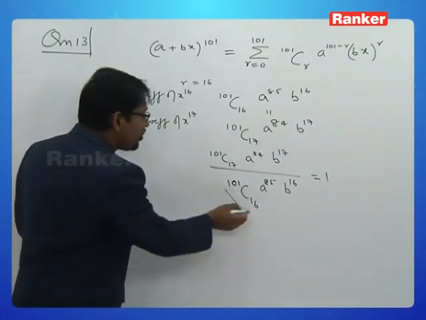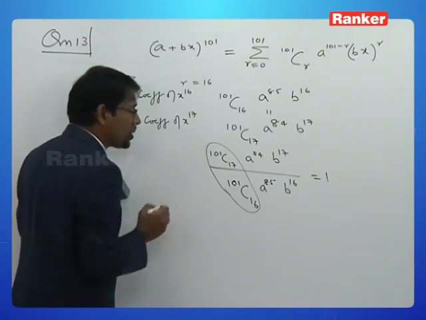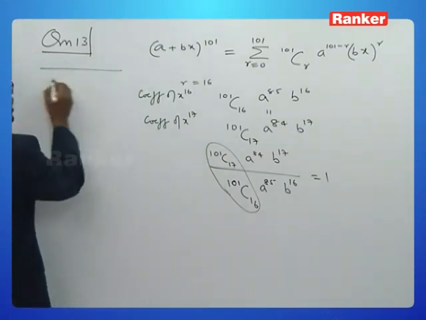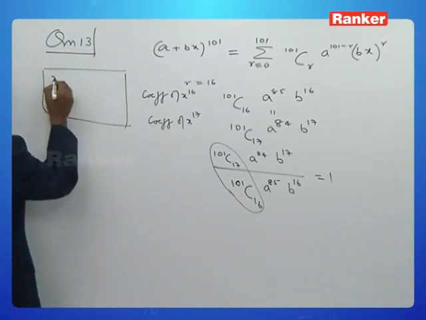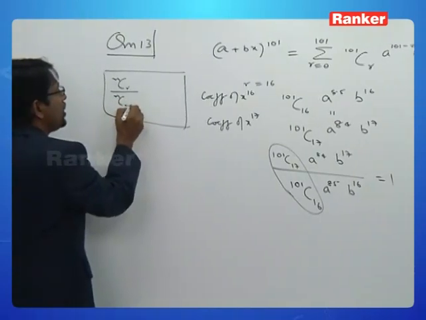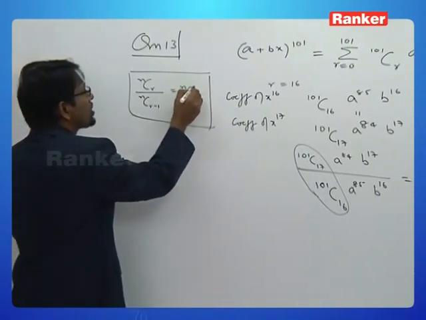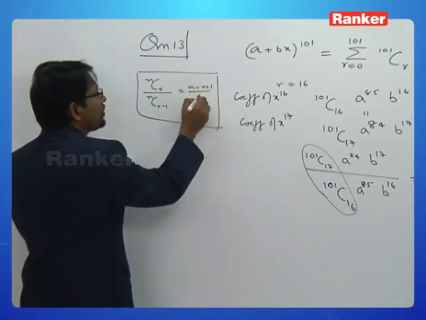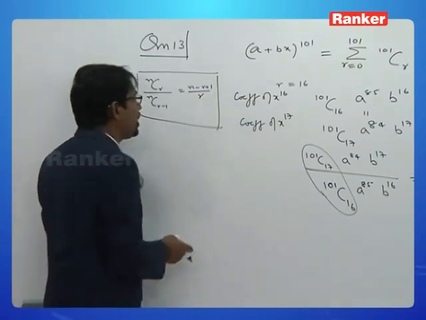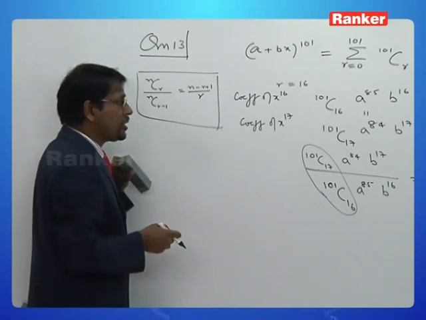Now we have a formula for nCr by nCr minus 1. Let's recall again. What is nCr by nCr minus 1? nCr divided by nCr minus 1 is equal to n minus r plus 1 by r. So in place of n we have 101 and in place of r we have 17.